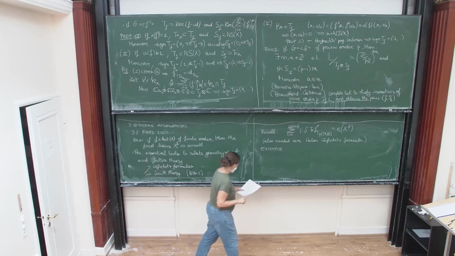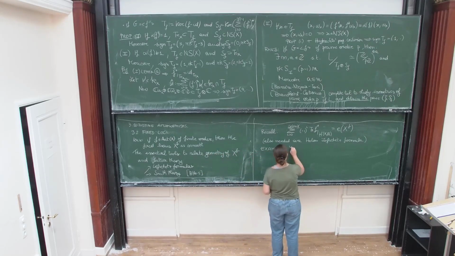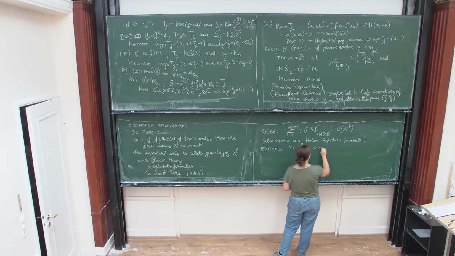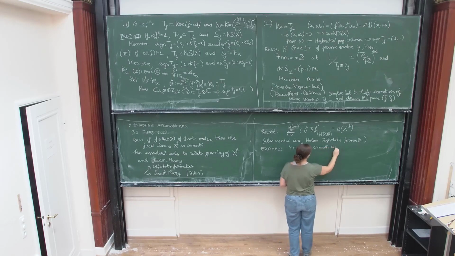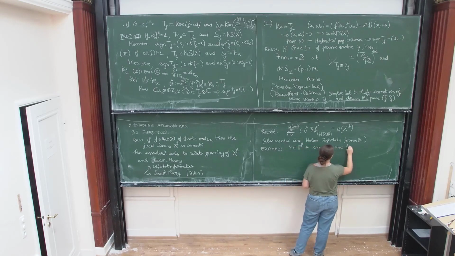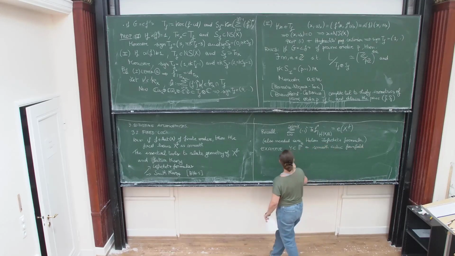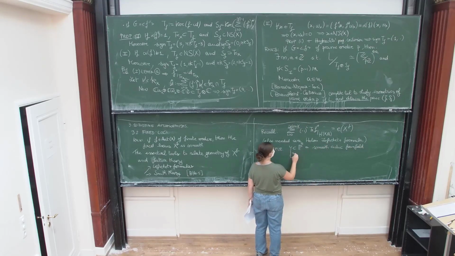So let's take Y, a cubic fourfold, but not any. We are going to take Y, which is the triple cover of P4 branched over a smooth cubic threefold.